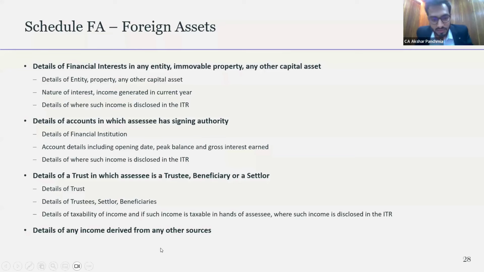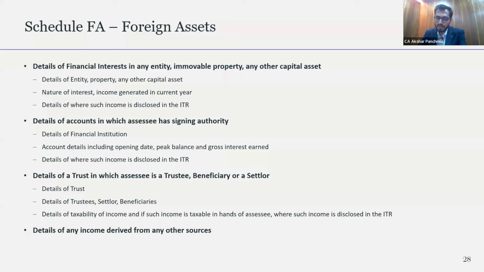Next is a very important portion, where if you are a trustee or a beneficiary or a settlor of any trust, any foreign trust, then you have to provide the details of the trust. Not just that, if you are a trustee, then you have to give details of all the trustees, all the beneficiaries, and the settlors of the trust.